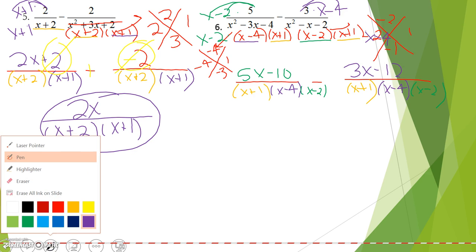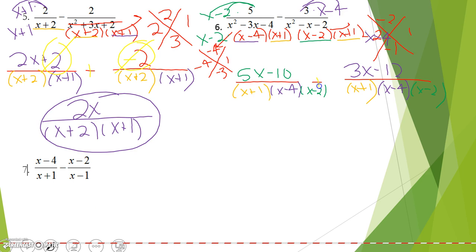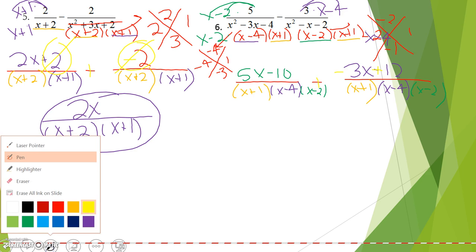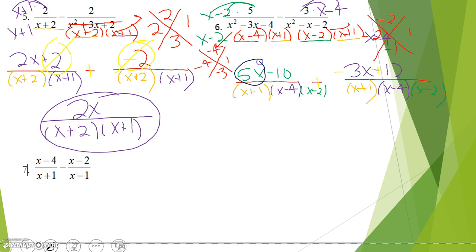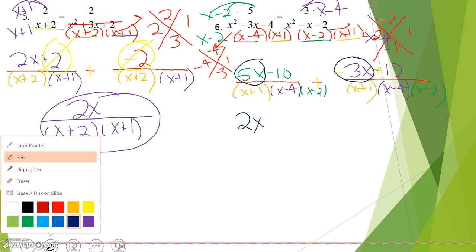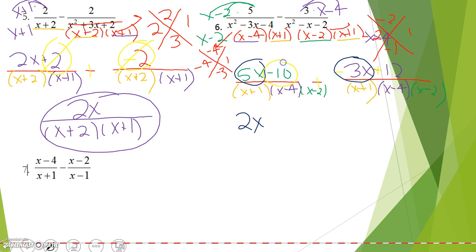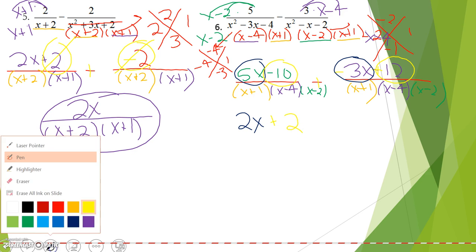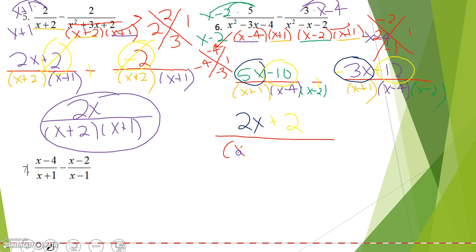I need to now add the negative because it's a subtraction sign in between, so add negative, make that a plus. And I'll combine like terms now. So 5x can combine with negative 3x and give me 2x. And negative 10 can combine with positive 12 and get 2. And this is all over my common denominator of those 3 parentheses.